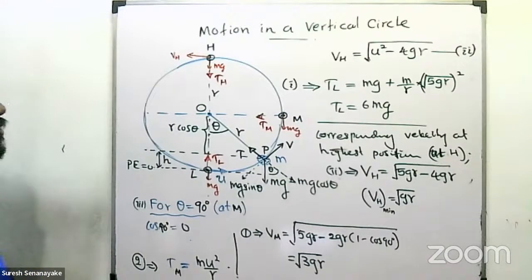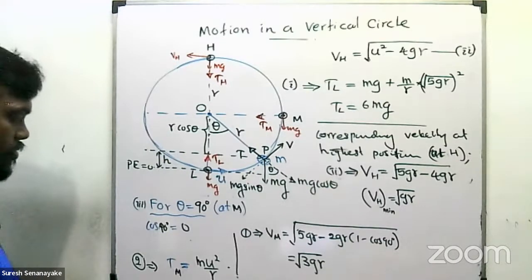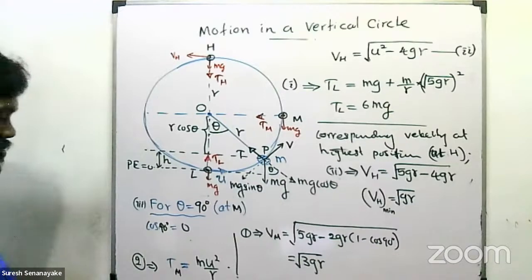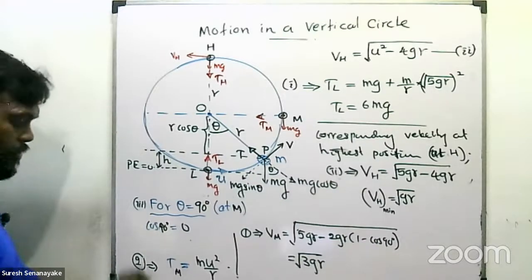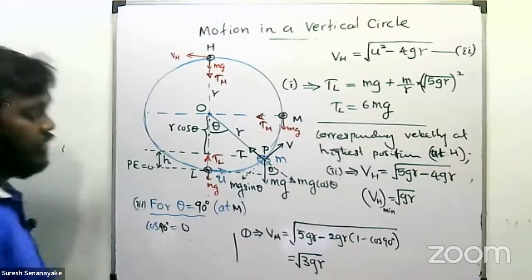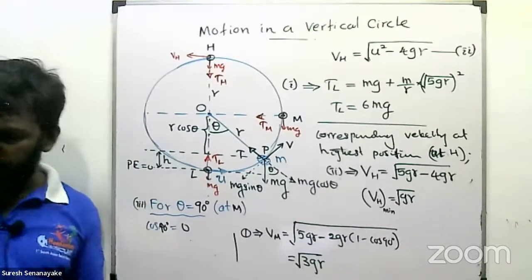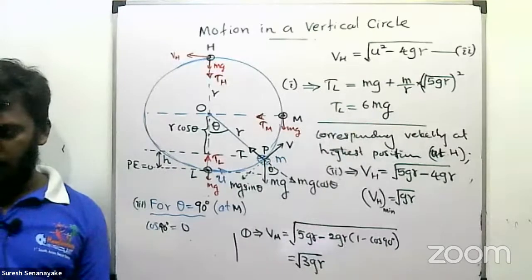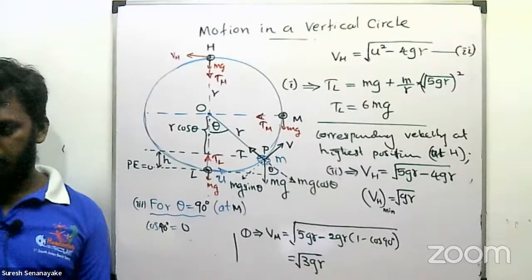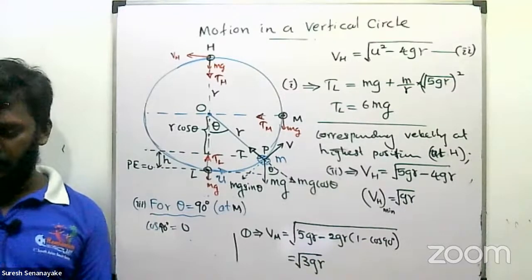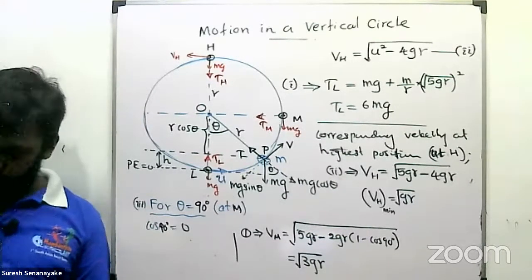See, tension, the first equation. It will be mg cos theta plus mu square over r minus 3mg cos theta.